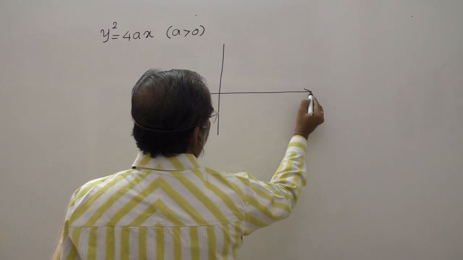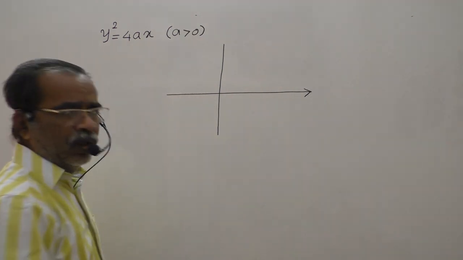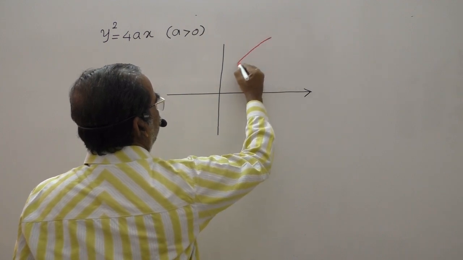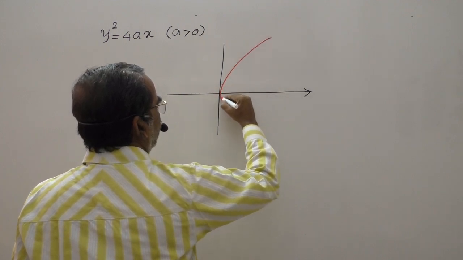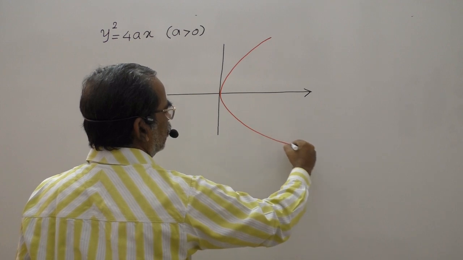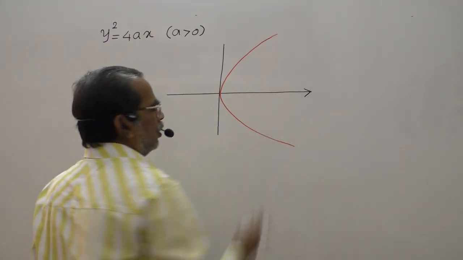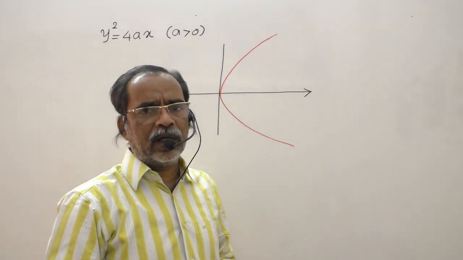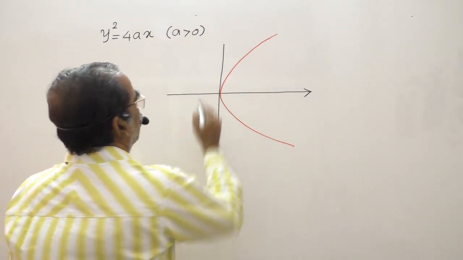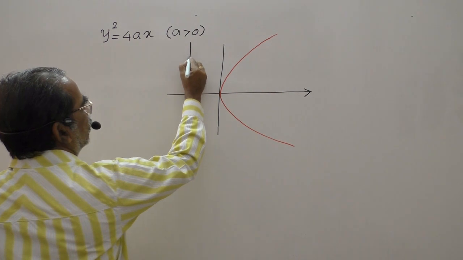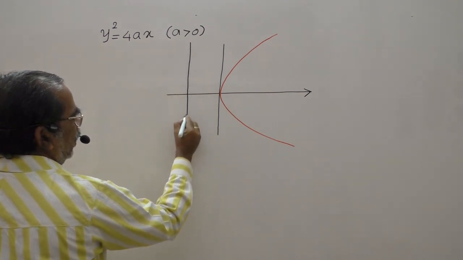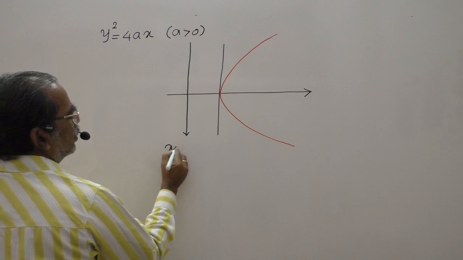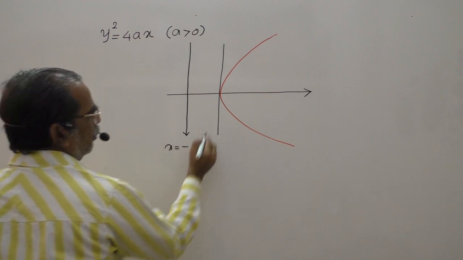So from the nature of the curve, this is the figure of the parabola y square equal to 4ax. This was the parabola, which is an open curve. Open curve means whose area cannot be found. Here this line is a fixed line, the directrix, whose equation is x equal to minus a.